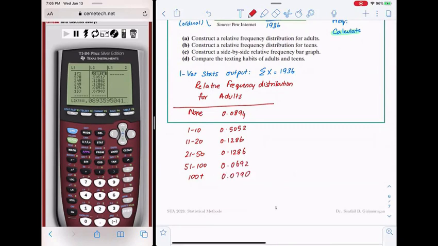So if you use the list, you can directly compute the relative distribution easily instead of summing everything and typing 173 over 1936 and 978 over 1936 and doing it one frequency at a time. So this is an effective approach.